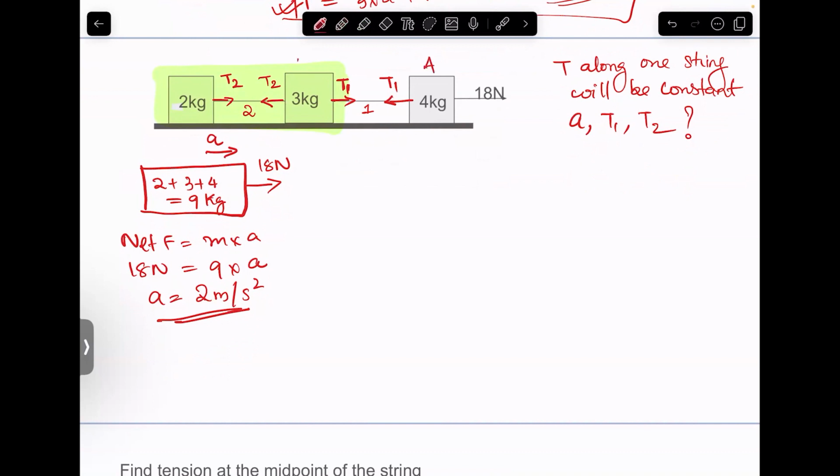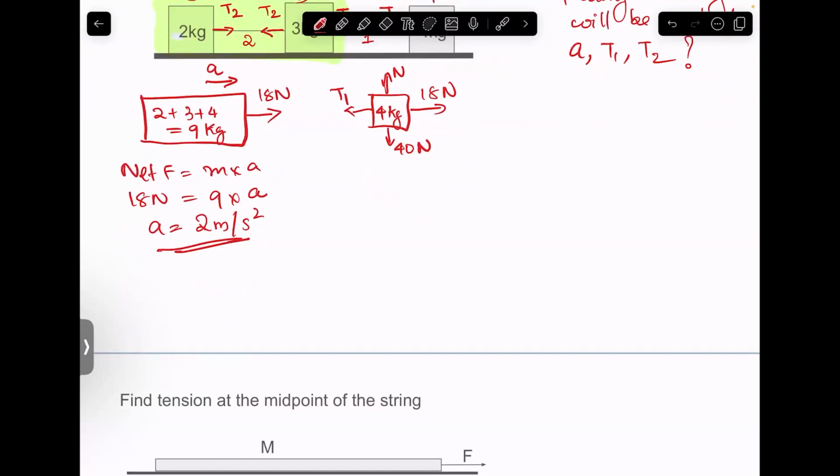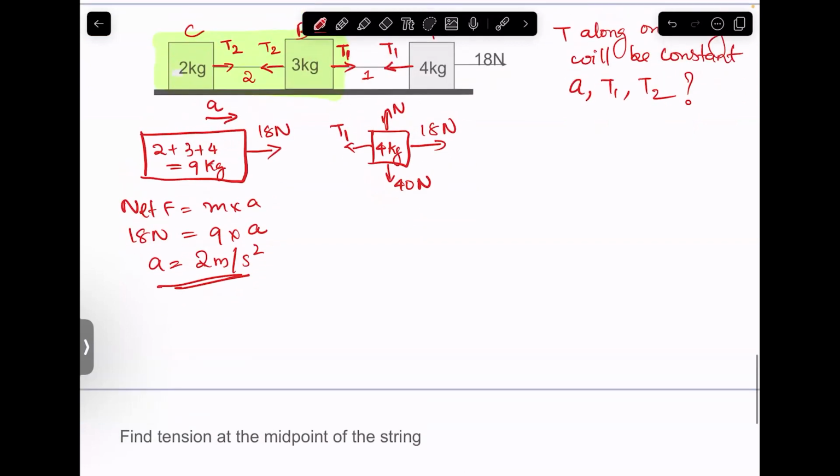This is block A, block B, and block C. Think about the free body diagram of block A. 4 kg is here, and it is being pulled with a force of 18 Newton, and T1 is acting in the opposite direction. There is a reaction force N, and the weight of the object is 40 Newton, 4 times 10, taking the acceleration due to gravity as 10.